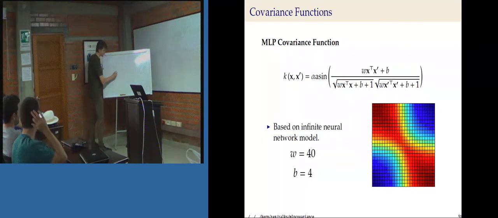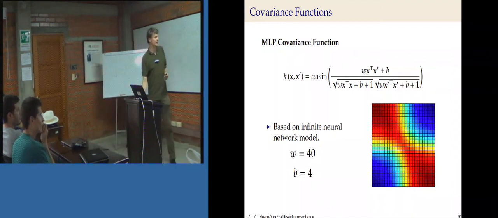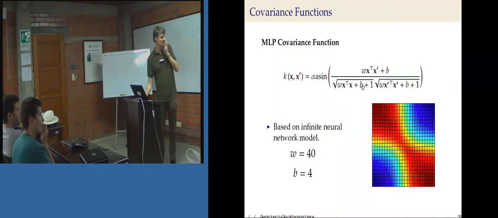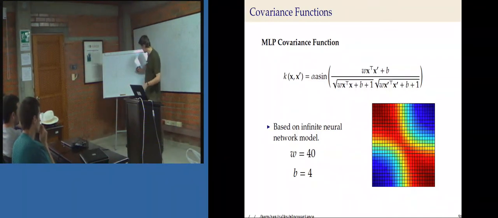Instead of those bases being RBFs, imagine we had a bunch of sigmoid-like shapes centered at some location which is Gaussian distributed. So b, in this case, is the variance of that centering, and w is the variance of the prior over the weights of this sigmoid.